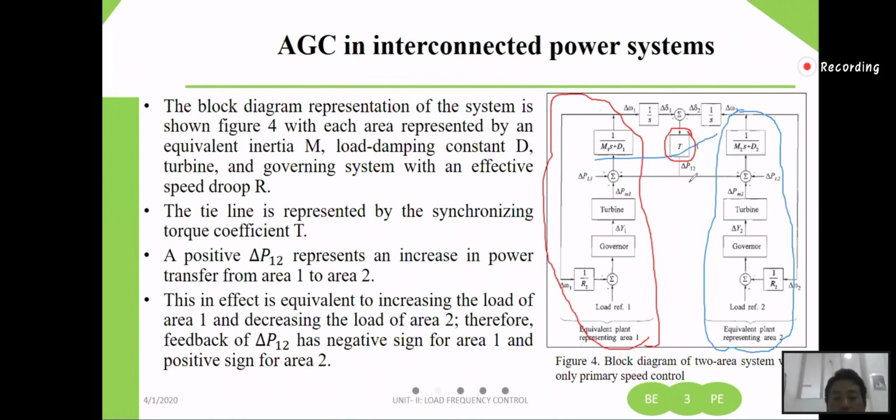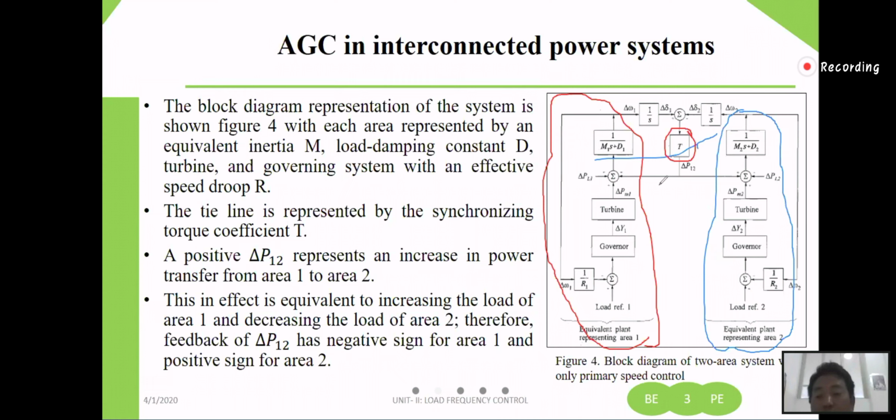Now let's assume that there is a positive del P12. What does it mean if there is a positive value of del P12? A positive del P12 represents the power transfer from area 1 to area 2, which means increasing the load of area 1 and decreasing the load of area 2.